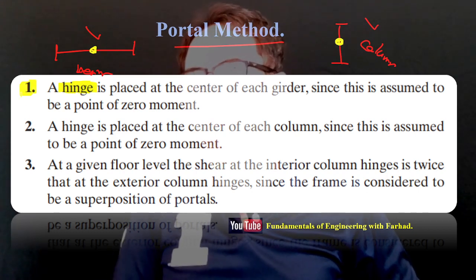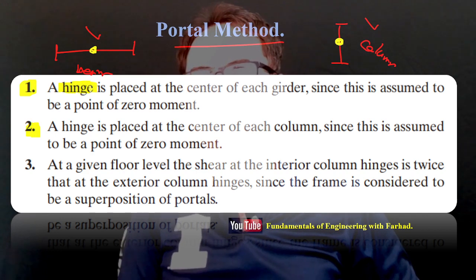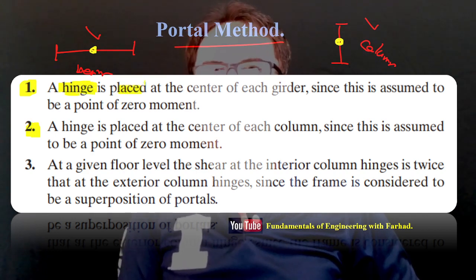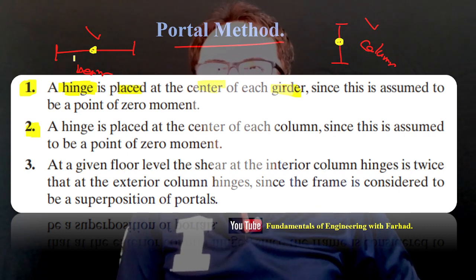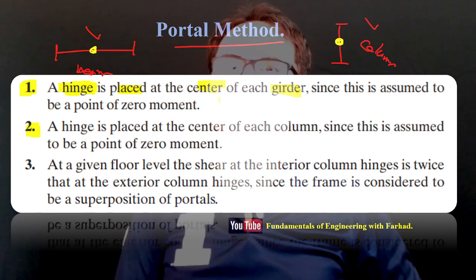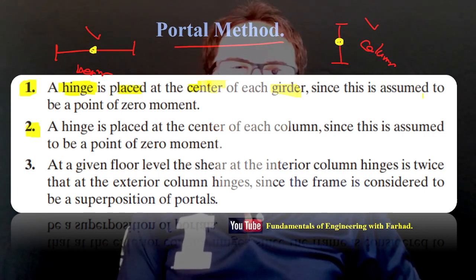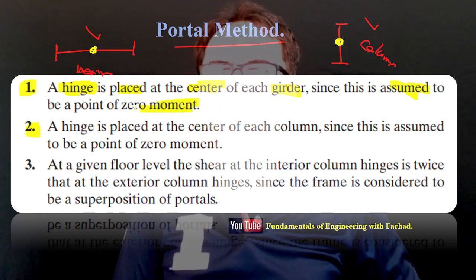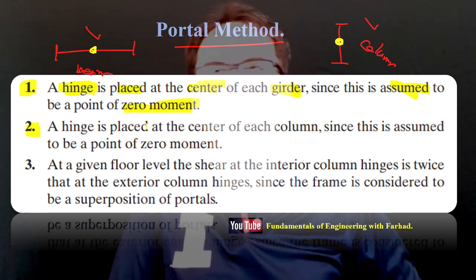So rules number 1 and 2 just say the same thing. It says place a hinge at the center of each girder, which means if you have both ends fixed, at the center of each girder, since this is assumed to be a point of zero moment. As soon as you have a hinge, there is no moment there.